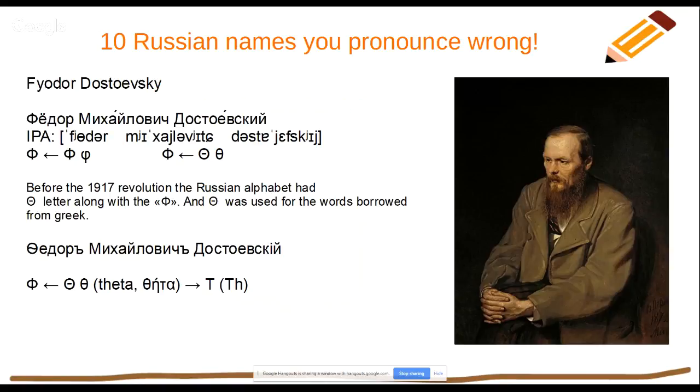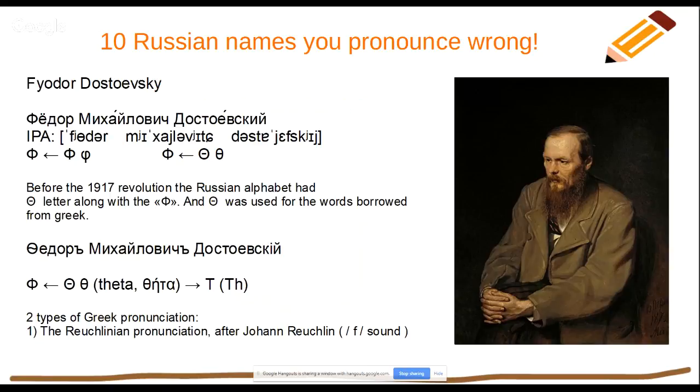And this theta can be transliterated in two ways, like f sound and like t or th sound. Maybe you know that there are two types of Greek pronunciations. There is the so-called Reuchlinian pronunciation, which comes after Johann Reuchlin.